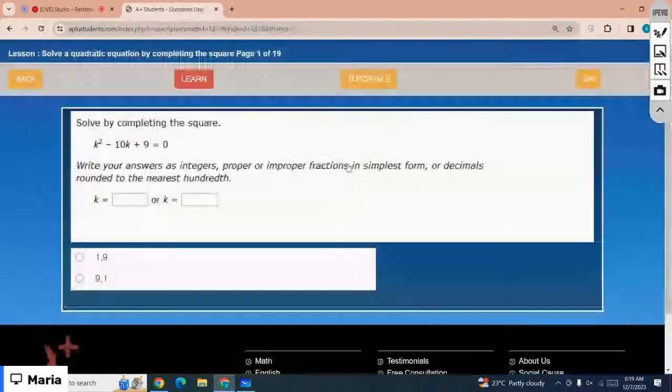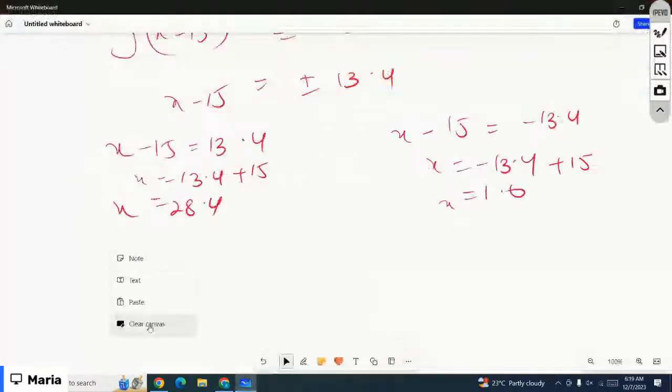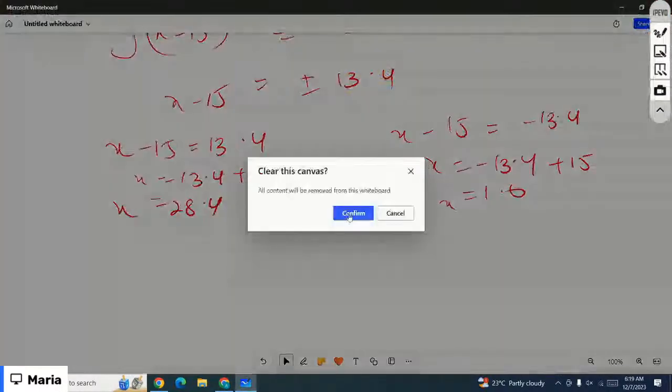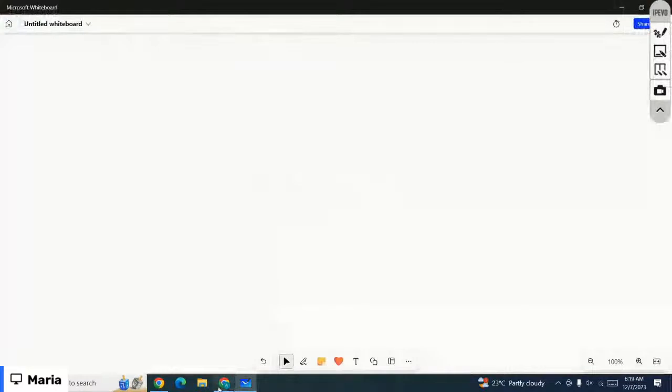Okay, the first one is k square minus 10k plus 9 equals 0. Okay, so move 9 other side, right?